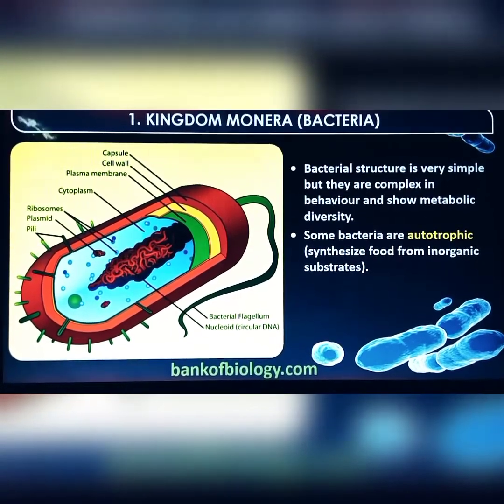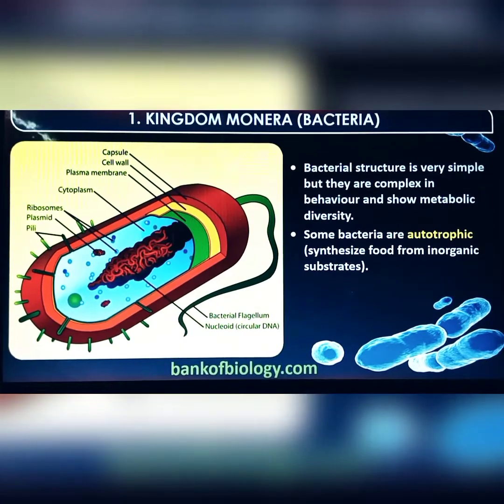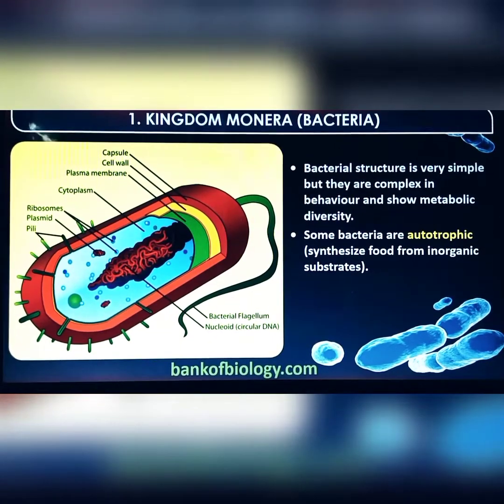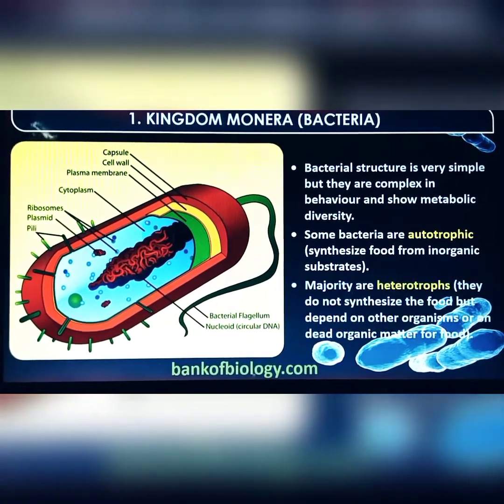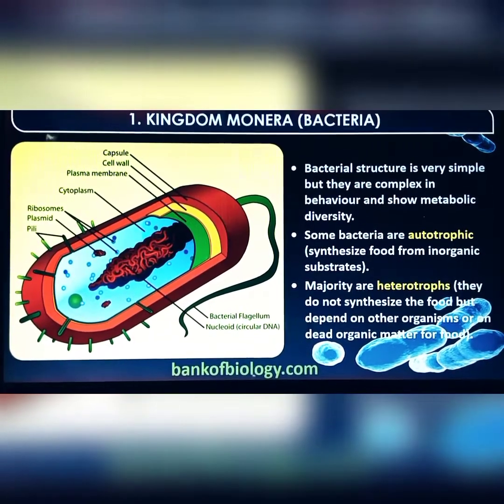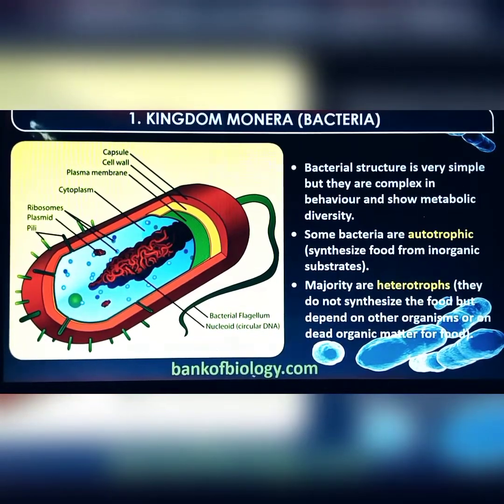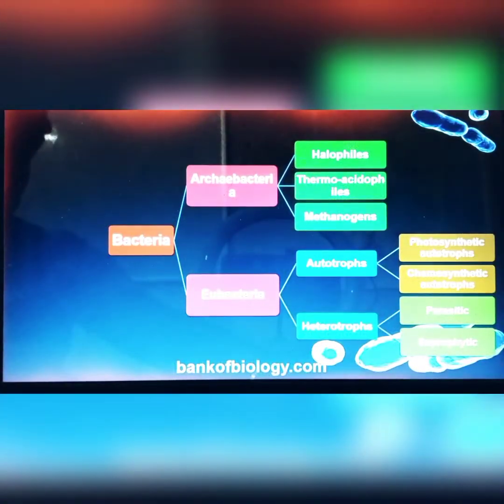But some bacteria are autotrophic, which means they can synthesize food. Actually, the majority of these bacteria cannot synthesize their food. They are dependent on other organisms or on dead and decaying matter for their food, so they are heterotrophic in nature.